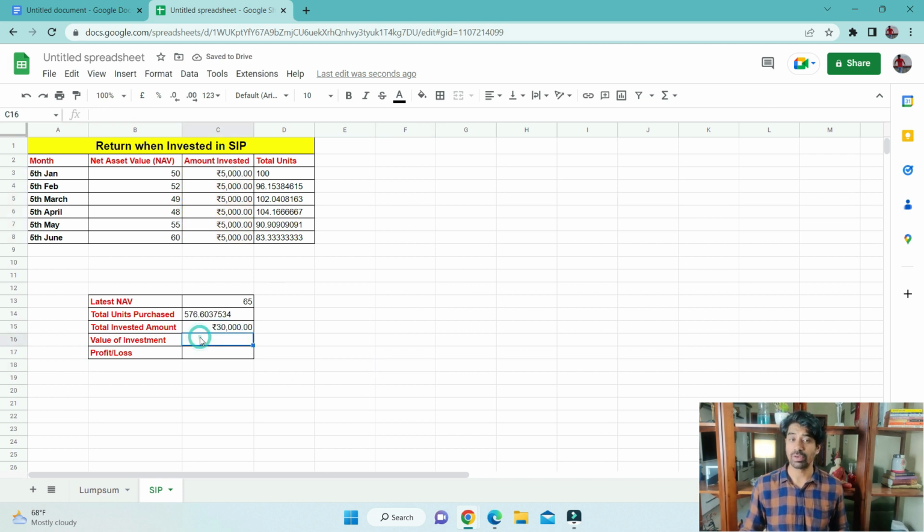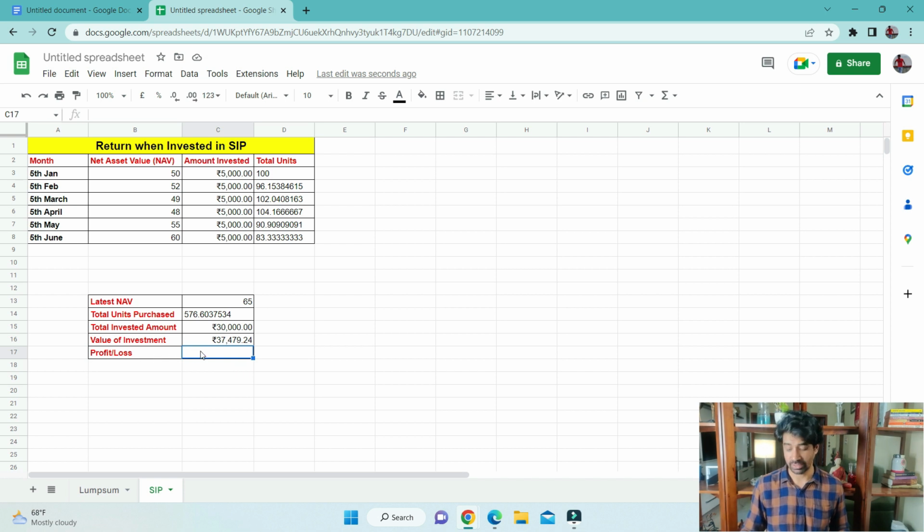So what is the value of investment? The value of investment is nothing but the latest NAV into total units purchased. So the calculation is total units into the latest NAV, which is 37,479 rupees. So what is the profit and loss?